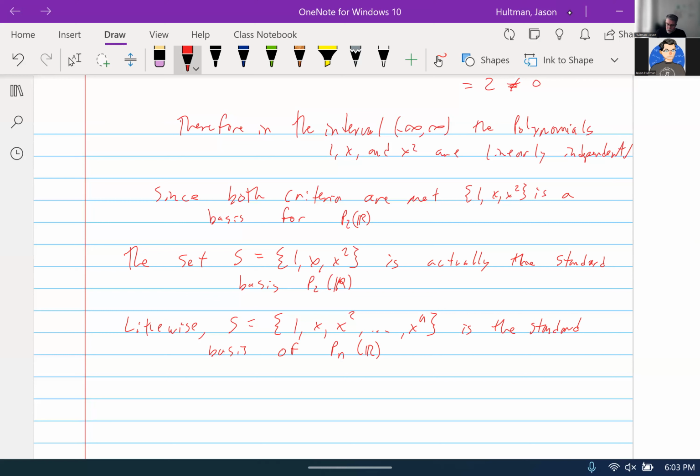We need n plus 1 items, n plus 1 vectors, n plus 1 elements to give us Pn(R).